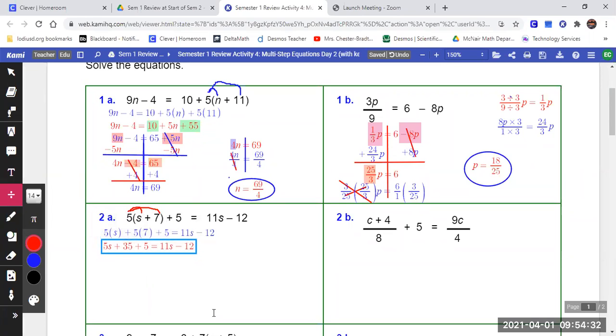Okay, do we have any more distribution we have to handle? No. So now we have to look for combined like terms. Does one of the sides have too many pieces?